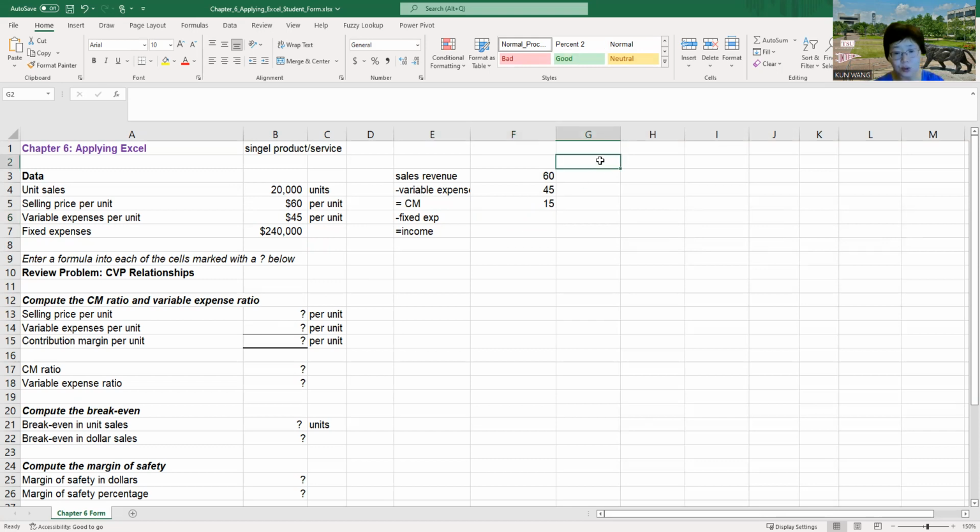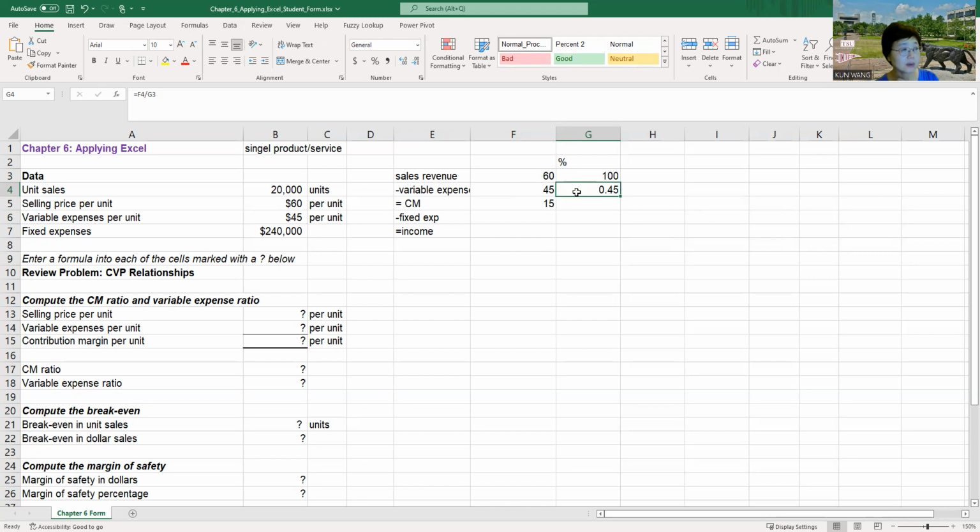And then if I do the ratio percentage, the sales revenue will be my reference 100, like the whole chart of the pie. And then the variable expense percentage. The formula you see, I will convert it to a percentage. 45 divided by 60.